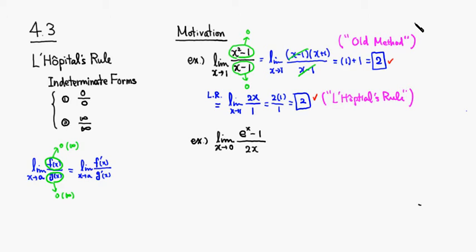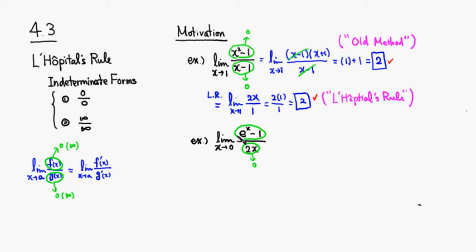This method is effective if you have something like this one. Second example: the limit of e to the x minus 1 over 2x as x approaches 0. The denominator, 2 times 0, is 0, so it approaches 0.